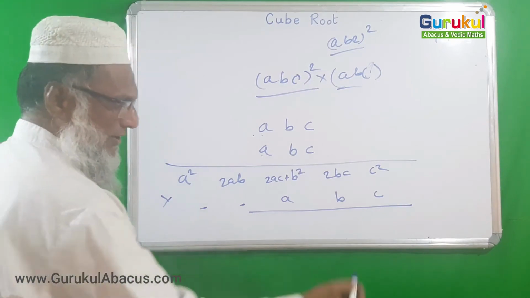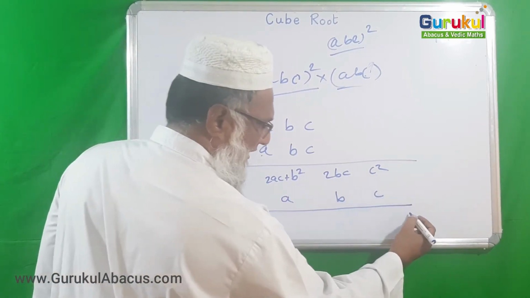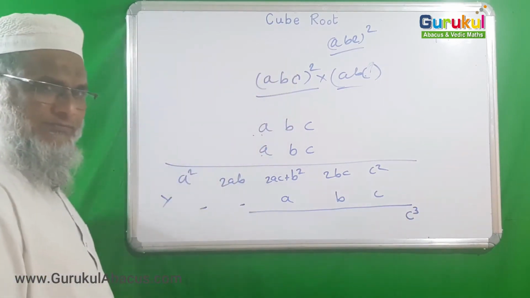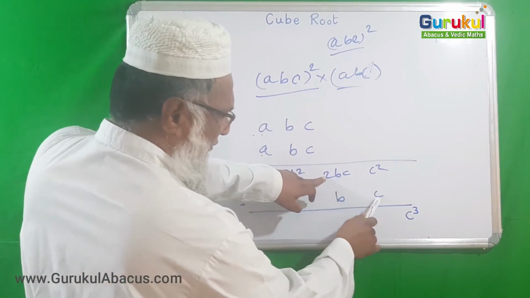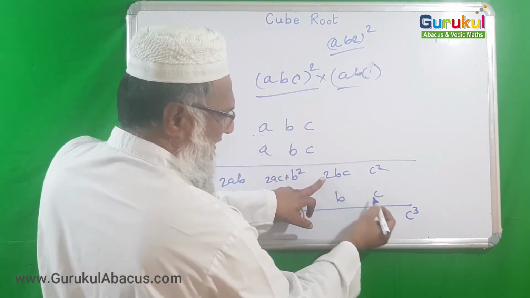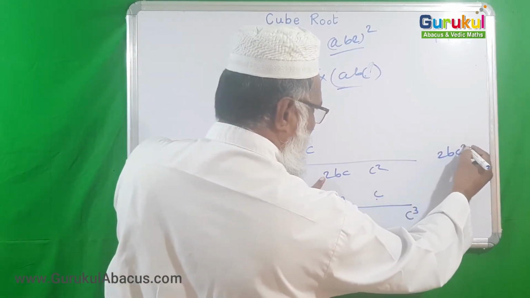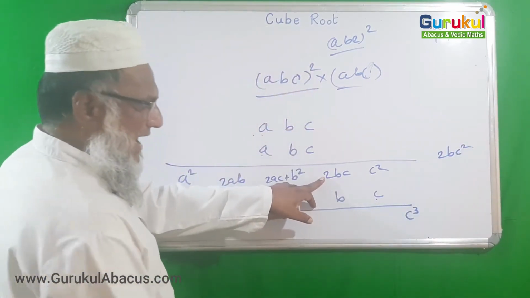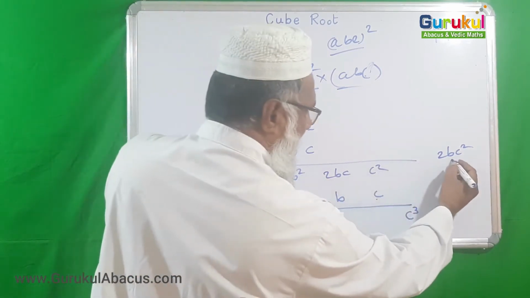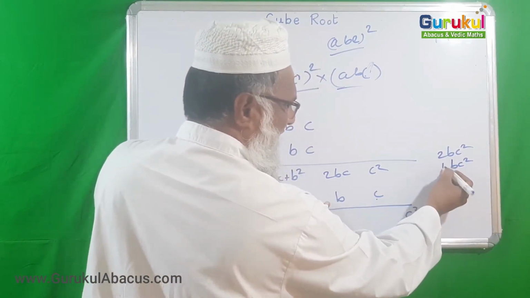Firstly unit into unit, C square into C, it is C cube. Now this into this plus this into this: 2BC into C becomes 2BC square, and again B into C square becomes BC square. It has no value here, so its value is 1.